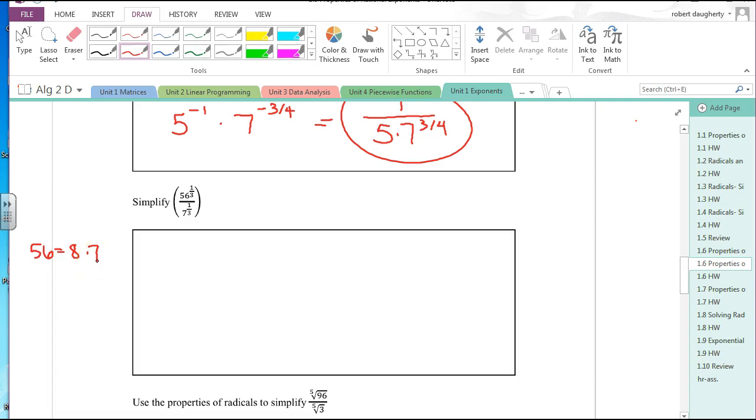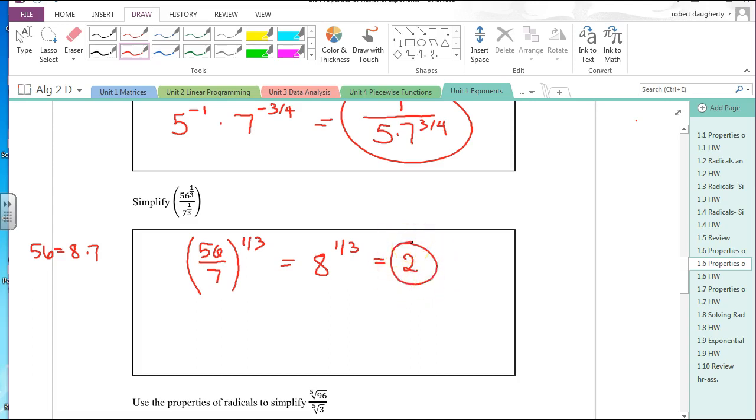So this is 56 over 7 to the 1/3. What's 56 over 7? That's 8. This is 8 to the 1/3. What's the cube root of 8? Cube root of 8 is 2.